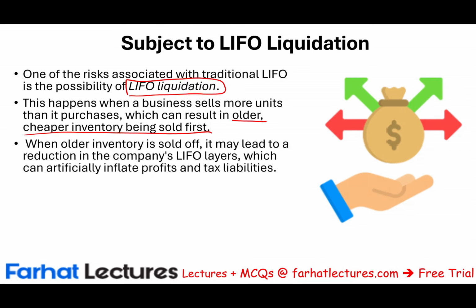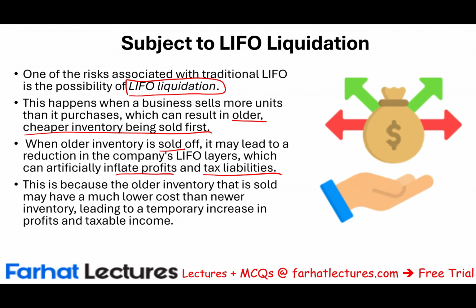Well, why? Because older inventory is sold off, and this is going to do what? It reduces the layer and as a result inflates profit and gives you a higher tax liability. Because older inventory is assumed to be sold at a much lower cost than newer inventory. Remember, last in, first out.